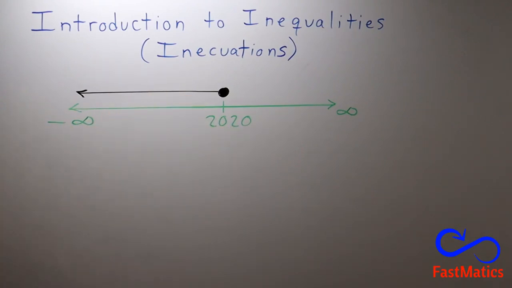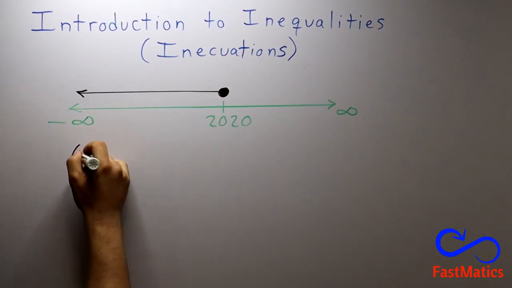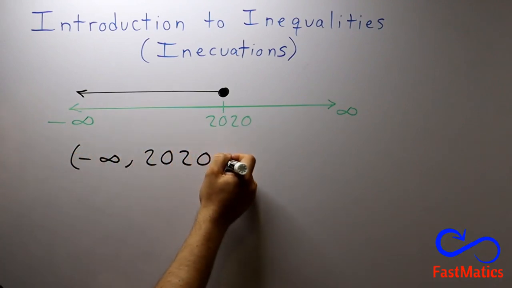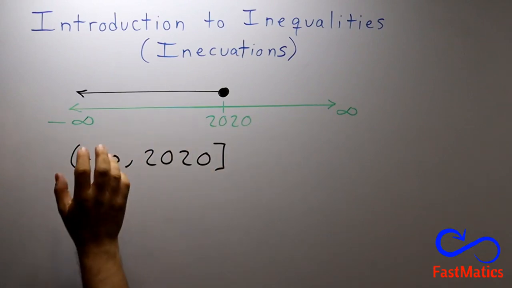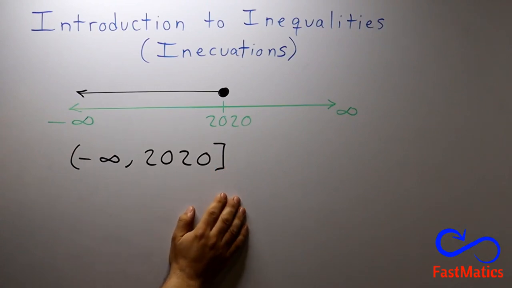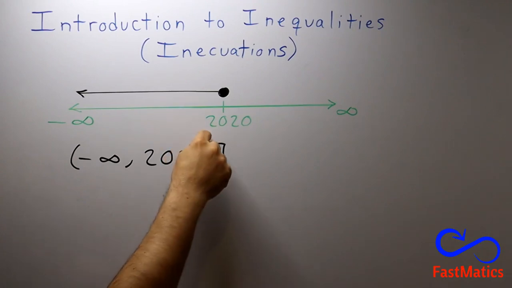That is very important. So here we can say that those are the years from negative infinity to 2020. And pay attention, because if you consider the year 2020, you are going to put a bracket. But if you say the last day of 2019 and you are not considering the 2020, you are going to put parentheses.